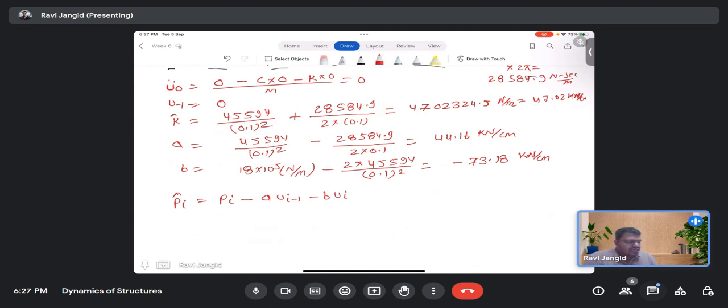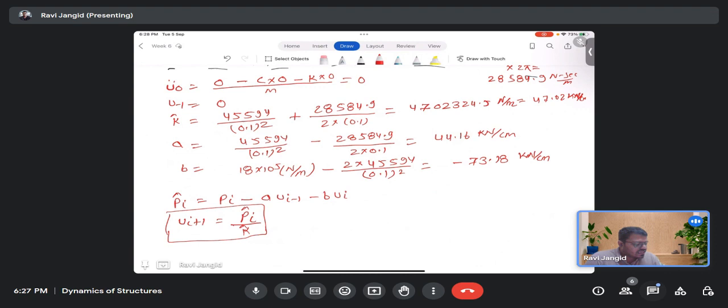After calculating the p cap, I can calculate my ui plus 1 for the i plus 1 step as p cap i divided by k cap. So this I need to use.